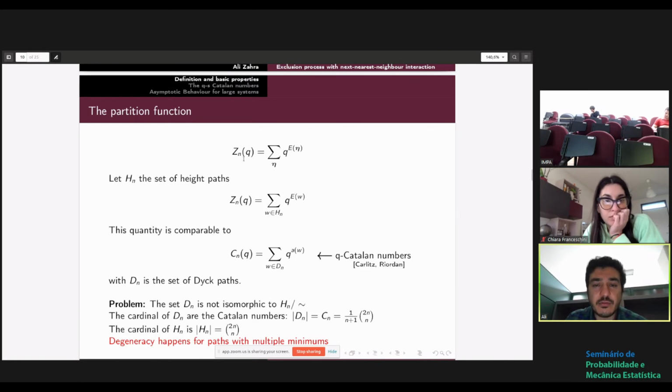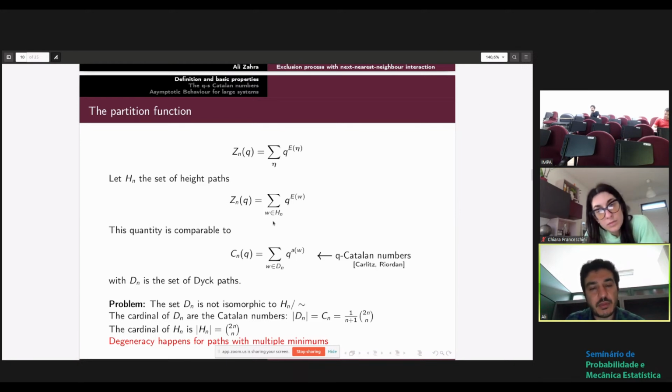But okay, instead of summing over the configurations, let's imagine that we use again the height paths. Okay, so I sum over all the height paths, and q to the energy of each path.